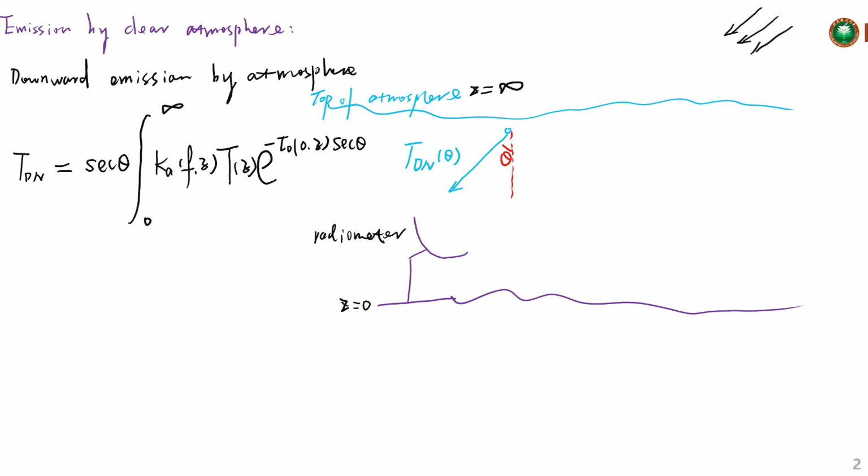This emission, composed of cosmic or galactic emission, propagates through the atmosphere and then arrives at the radiometer, and we express it as T extra, the brightness temperature of the emission.